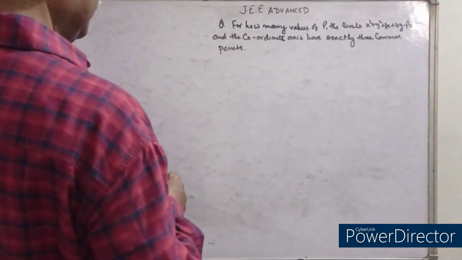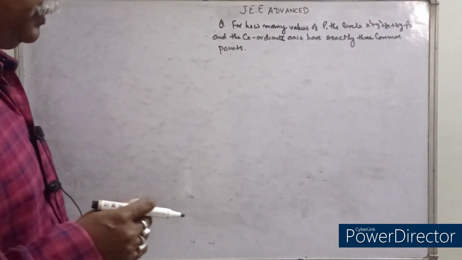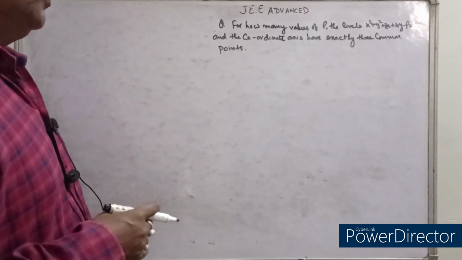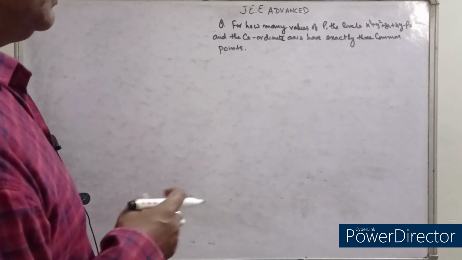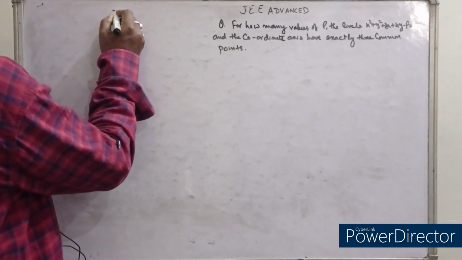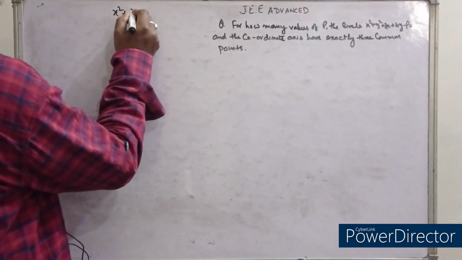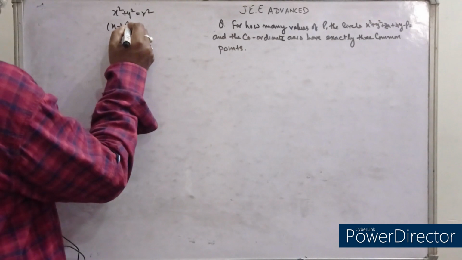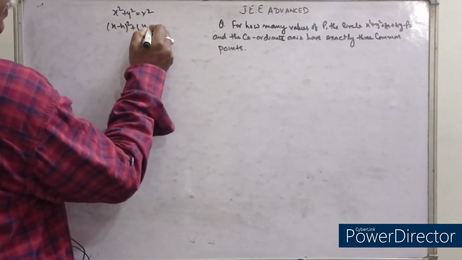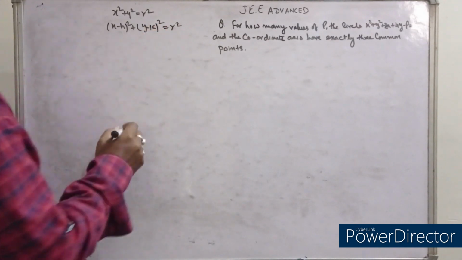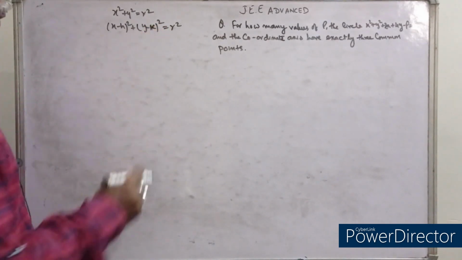So now, the problem with class 12 students is that in your syllabus, in your book, the circle equation is given in two forms. One is x square plus y square is equal to r square, and the other is x minus h the whole square plus y minus k the whole square equal to r square, where h and k are the center of the circle.